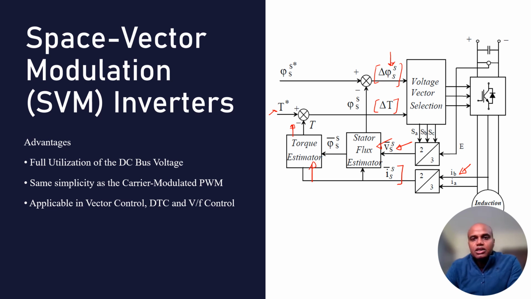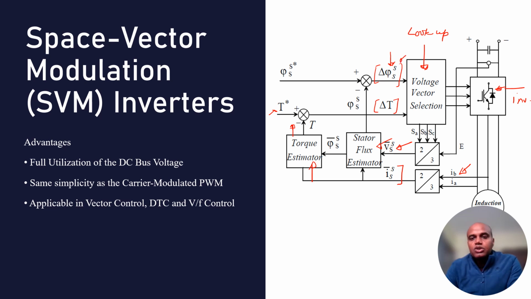Based on the voltage vector selection, which we are going to talk about in this video, that is, how to select a voltage vector, which is also known as the lookup table, it performs the switching of this inverter. The switching of the inverter happens based on the predefined lookup table, and the lookup table decides based on the generated error.